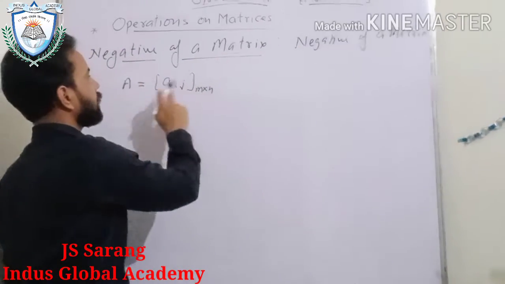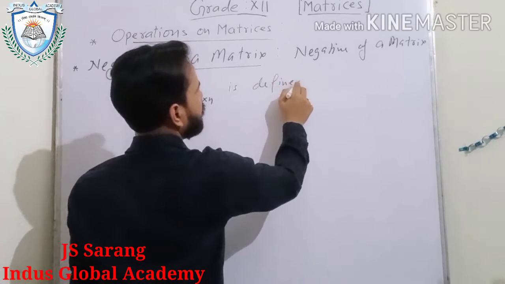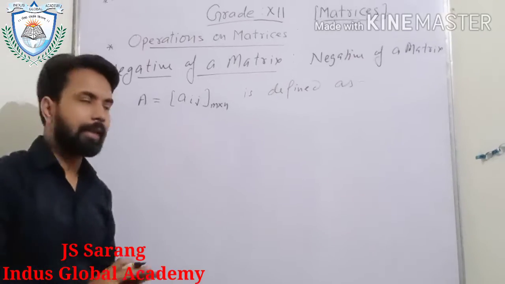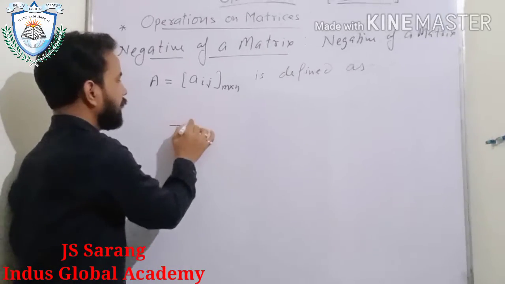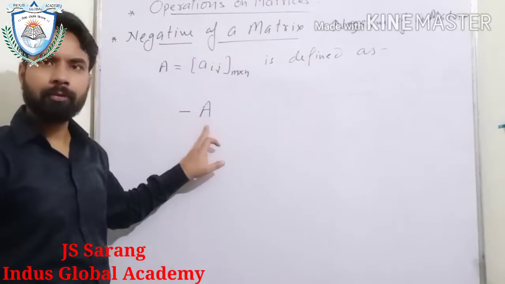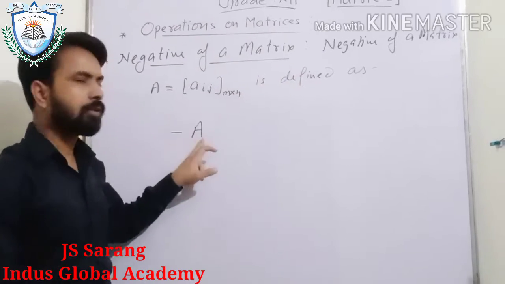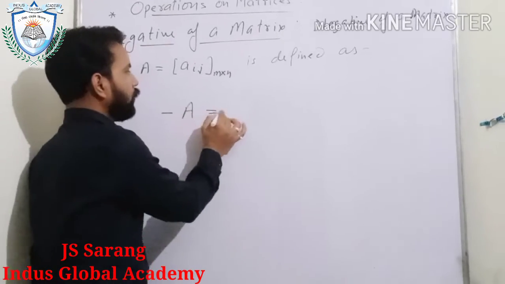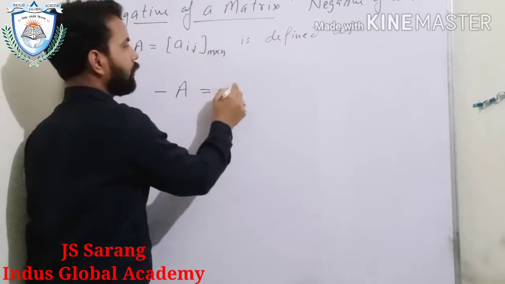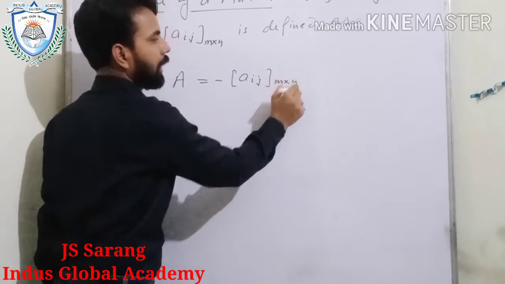Negative of a matrix A is defined as minus of A. Understood? This is the negative of matrix A. So negative of a matrix A is defined as minus of A, equal to, minus will remain the same, and A is equal to this. So we have to put here Aij of order m into n.